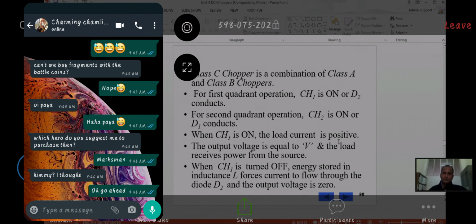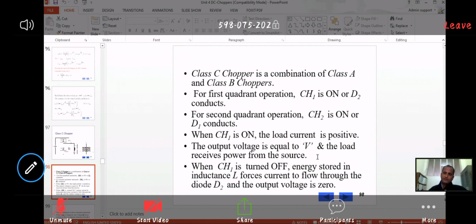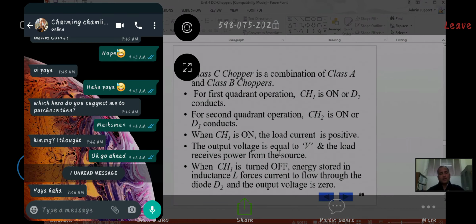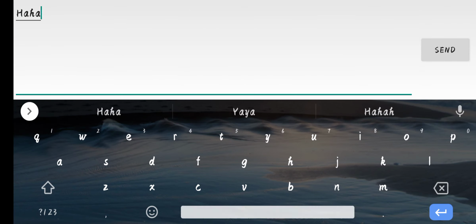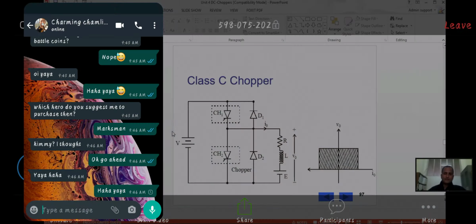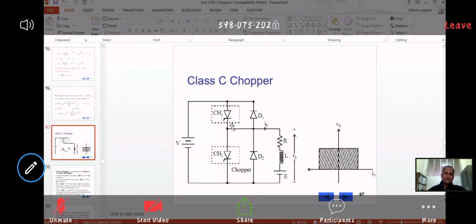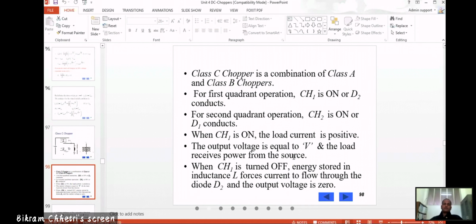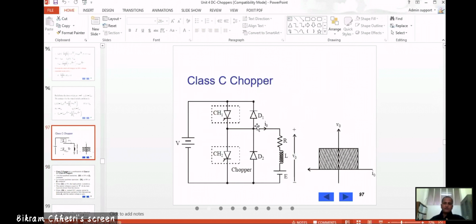So the load current is positive, the output voltage is equal to V, and the load receives the power from the source when chopper CH1 is operating. And when CH1 is off, the energy stored in the inductor forces the current to flow through the diode D2.